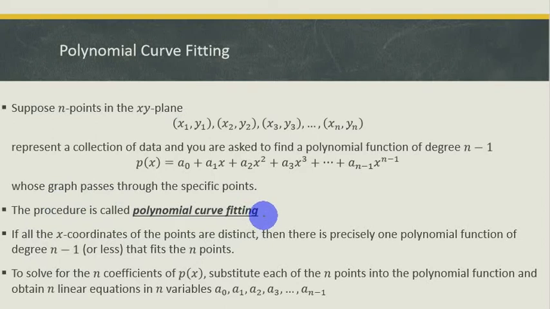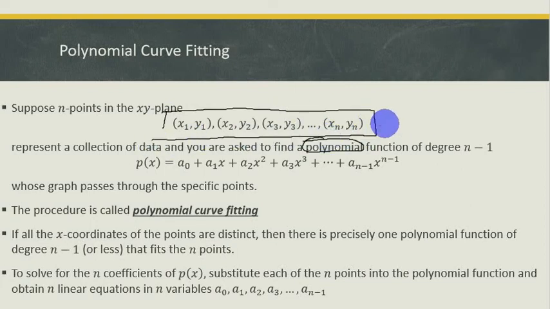So this would mean we are going to look for a function, and in this specific case a polynomial function, that would contain all of these points in the graph of the function that we are going to look for. Or in other words, these are solutions of the polynomial function that we're going to look into.